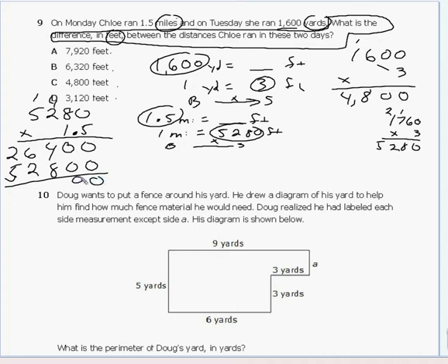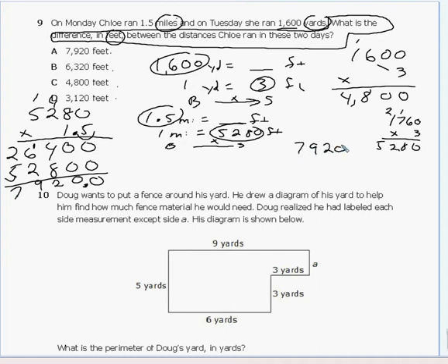That's 0, that's 0, 8 and 4 is 12, 6, 2 and 1 is 9, and then 5 and 2 is 7. So it looks like 1.5 miles, and I've got to bring my decimal. I have 1 decimal place, so I'm going to put 1 decimal here. So that ends up being 7,920 miles. Or I'm sorry, 7,920 feet.